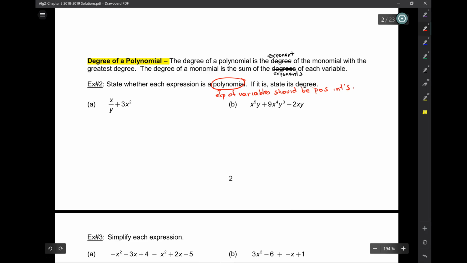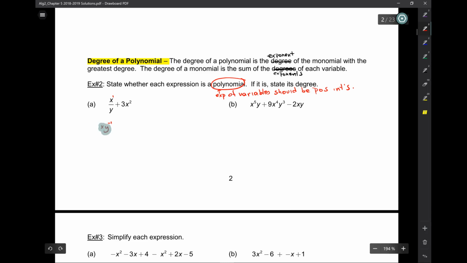So take a look at that first one. Is that a polynomial? What's the exponent of the x? Here, of the first x, you have x to the 1. What about the y? It's 1, but it's underneath, right? So technically, that's like x y to the minus 1, right? That means that can't be a polynomial.